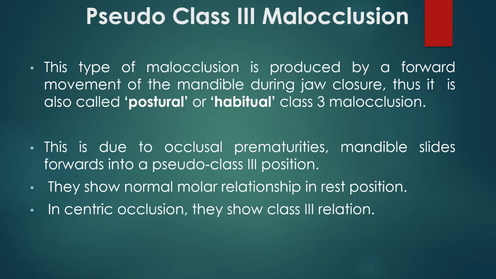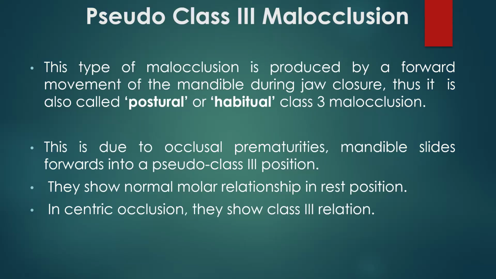Pseudo class 3 is a condition in which the patient will be having a class 1 relationship when the teeth are not in occlusion, whereas when the teeth are closed, because of some underlying occlusal prematurity, the teeth will slide into this occlusal prematurity and come into a class 3 relationship when the teeth are in closed position. This type of malocclusion is mainly produced by forward movement of the mandible during jaw closure. Thus, it is called transfer or habitual class 3 malocclusion, which could be due to an underlying occlusal prematurity as a result of which the mandible slides forward into pseudo class 3.